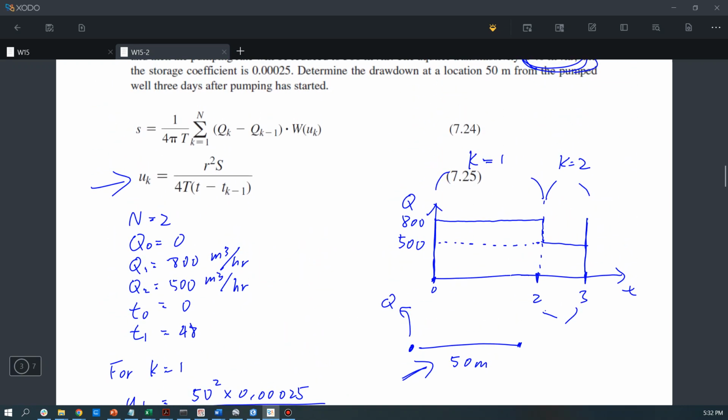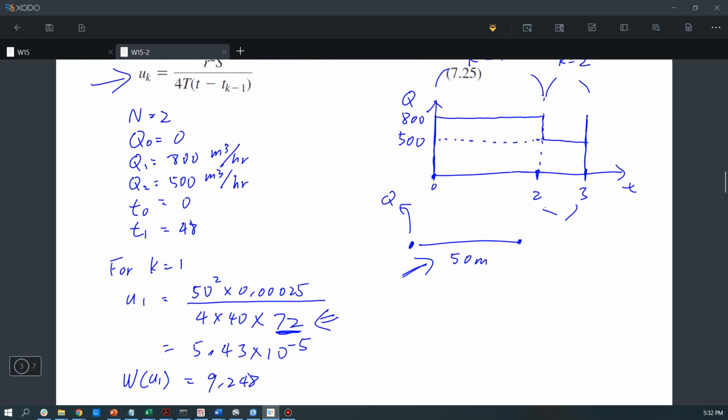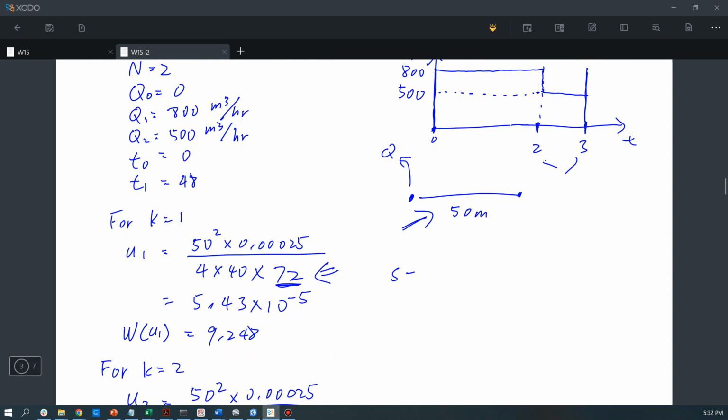Okay, after we get the well function values, we can apply the drawdown equation. s is equal to 1 over 4 pi T times Q1 minus Q0 times well function 1, plus Q2 minus Q1 times well function 2.